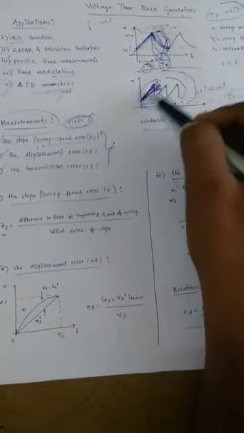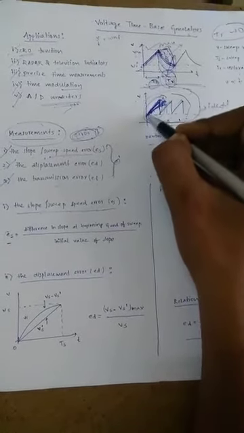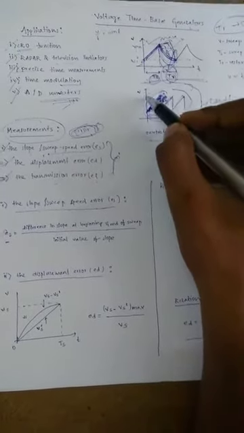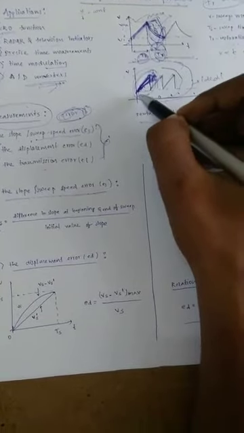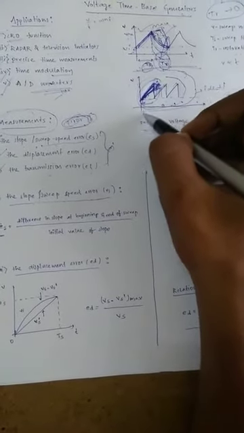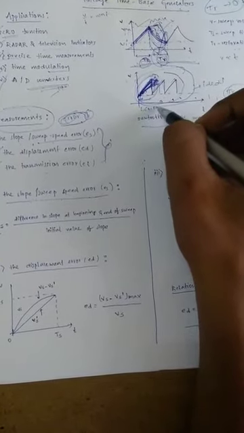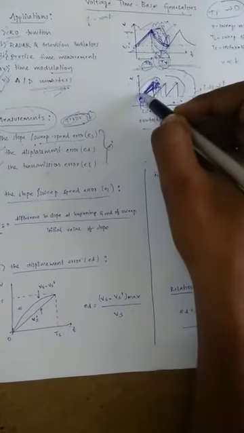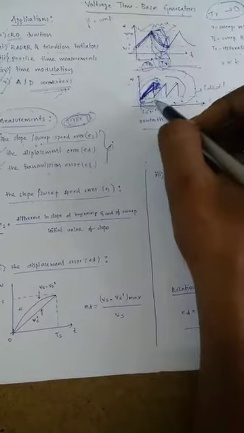We measure the slope at the starting point of the voltage, at the initial time, t equal to 0 to some milliseconds, and we measure the slope at the final time t equal to Ts.